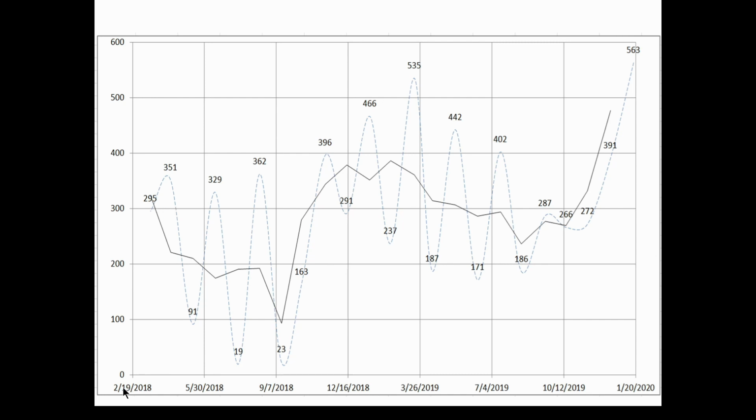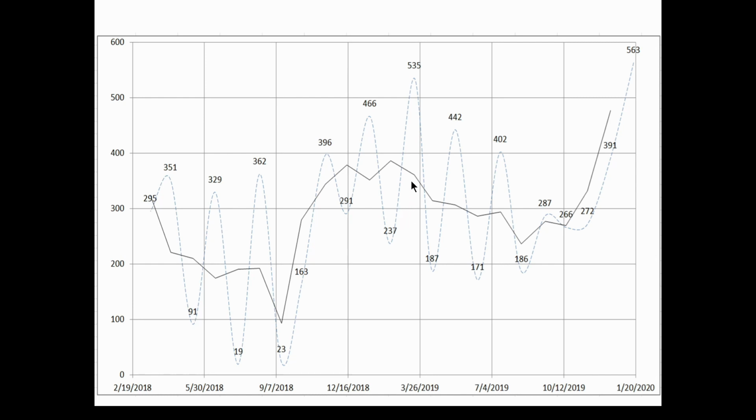It starts out from February of 2018 to January of 2020 over here on the right. So this is about 2 years worth of usage data. And it goes on this y-axis up to the number of kilowatt hours I have used, and each of these numbers is a monthly reading.